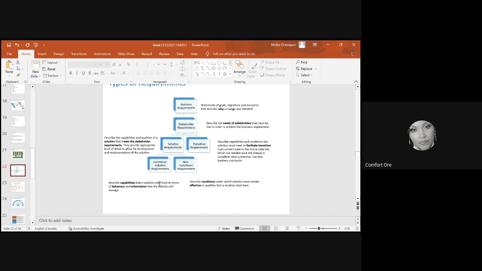So this is no longer capabilities. It's not describing capabilities. It's describing the conditions. If I click on the escape key on my laptop, it should turn it off. Do you understand?